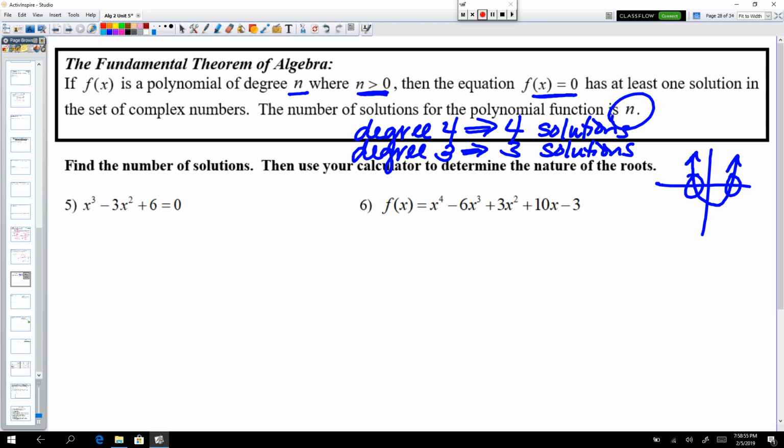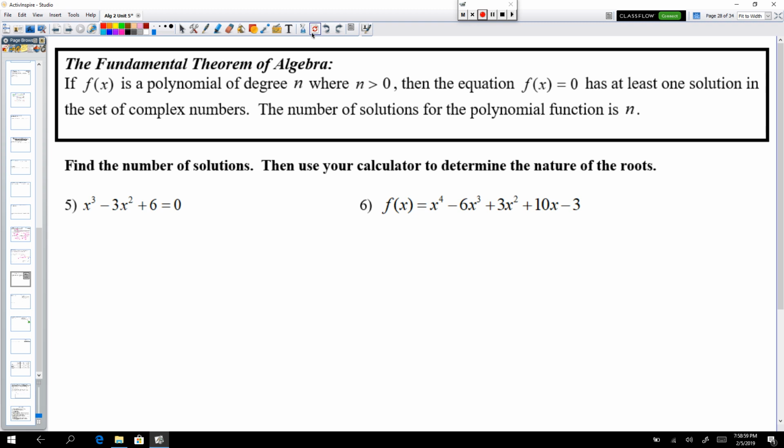They were both real rationals. But then we had a parabola that maybe it floated above the axis or floated underneath the axis. Now remember what we said about those roots. We said that they were imaginary. And so we are going to take a look at these graphs and figure out the nature of all the different roots. Okay?